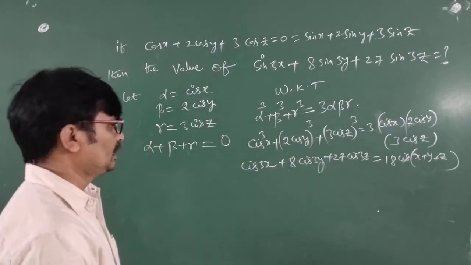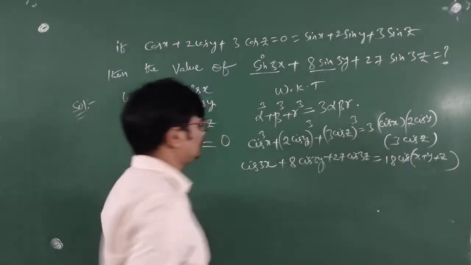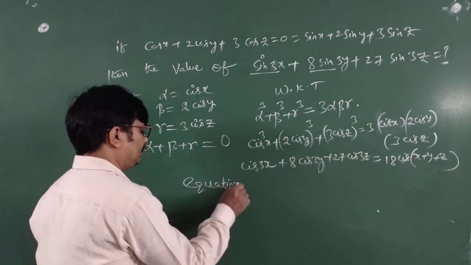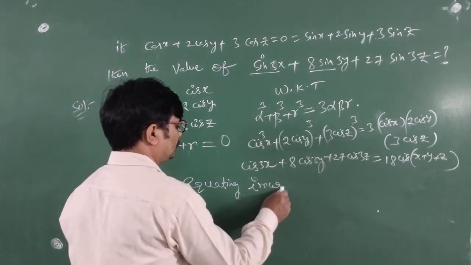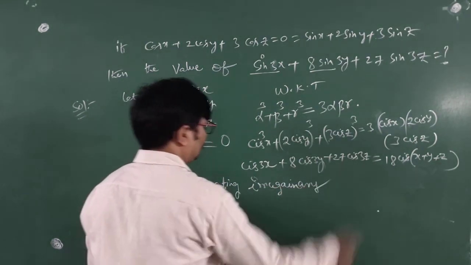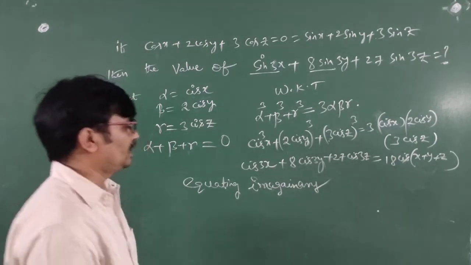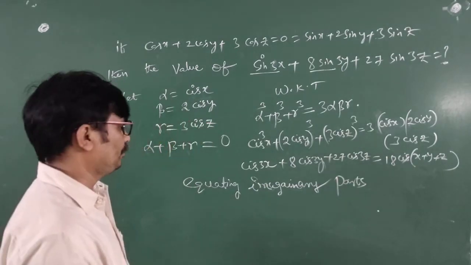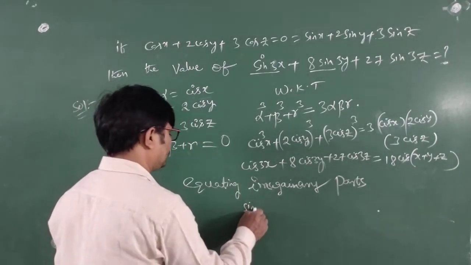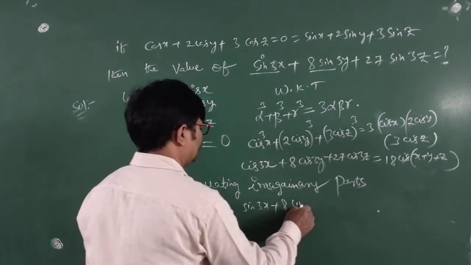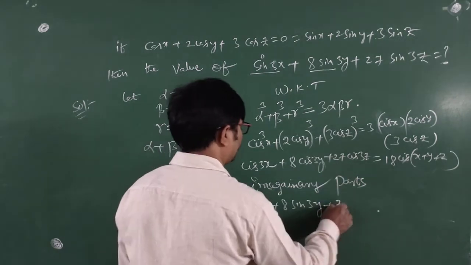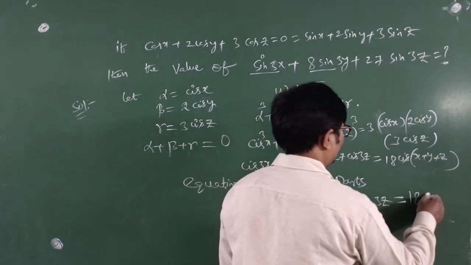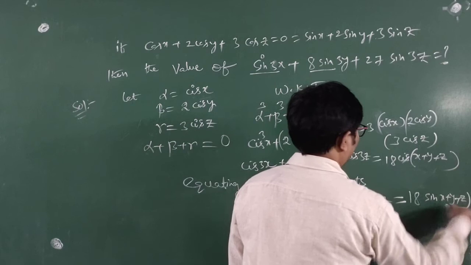So our required one is sin 3x, sin 3y. Equating the imaginary parts on both sides, the imaginary part is sin 3x plus 8 sin 3y plus 27 sin 3z, equal to 18 into sin of (x plus y plus z).